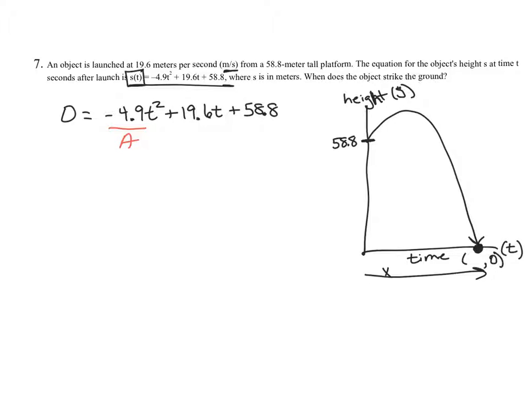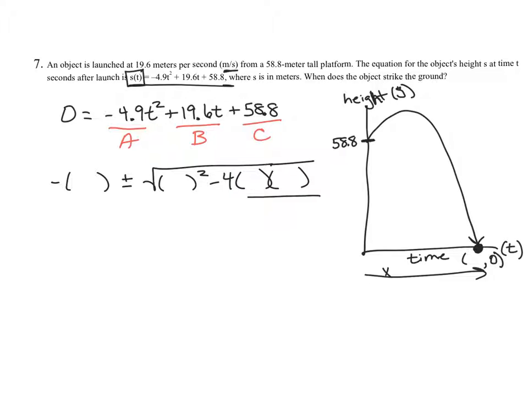We have our a, our b, and our c. So when we put it into the formula, we have negative b plus or minus the square root of b squared minus 4 times a times c, all over 2 times a.